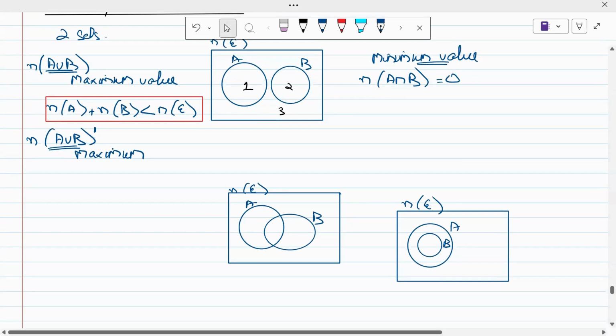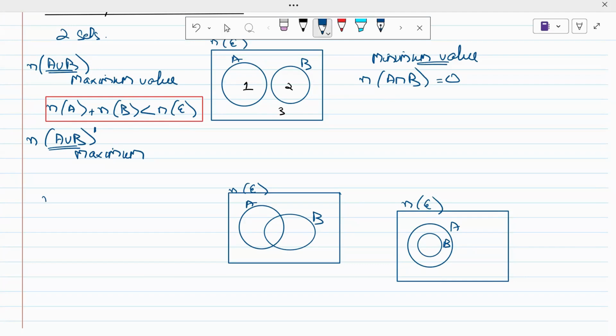Moving on to the second case, where we have an intersection existing. In this case, remember this would always be applied when you have the condition of N of A plus N of B greater than N of E. Whenever you have this situation, you go for this second situation where you have an intersection.